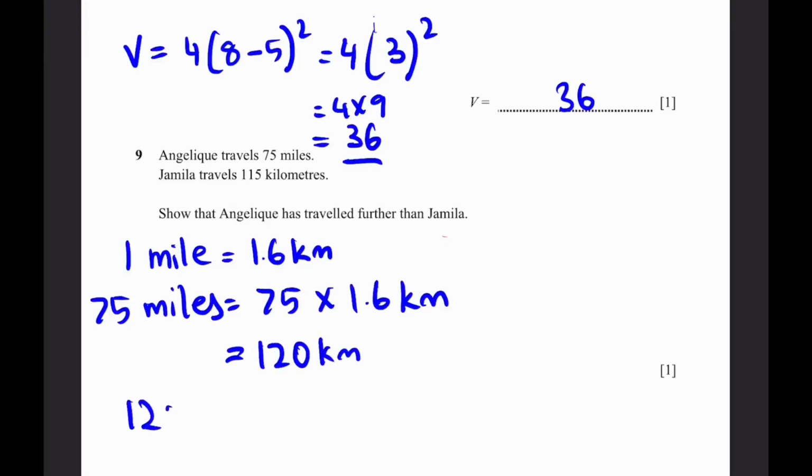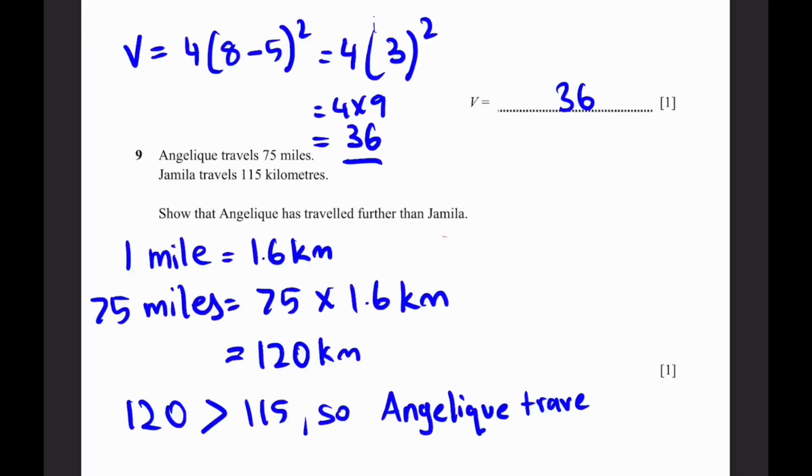So 120 is greater than 115. So Angelique travels further. Proven.